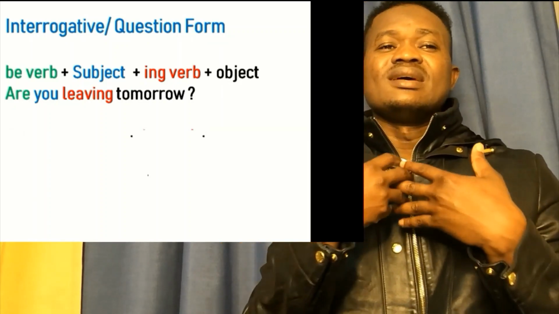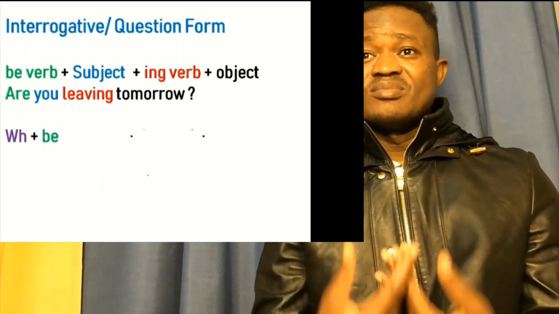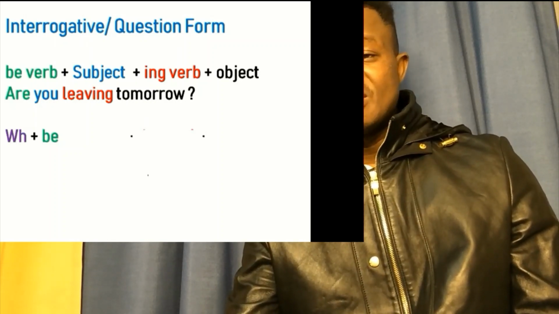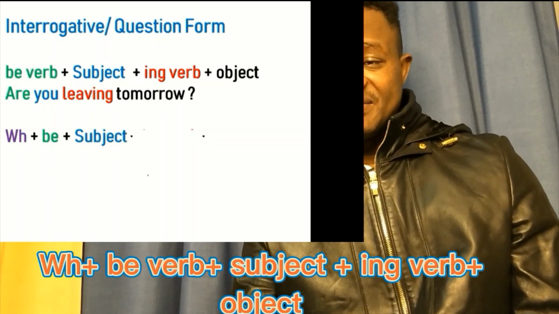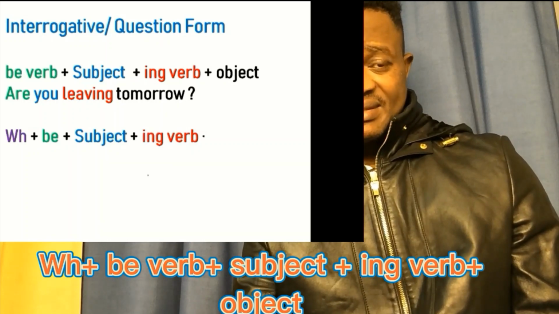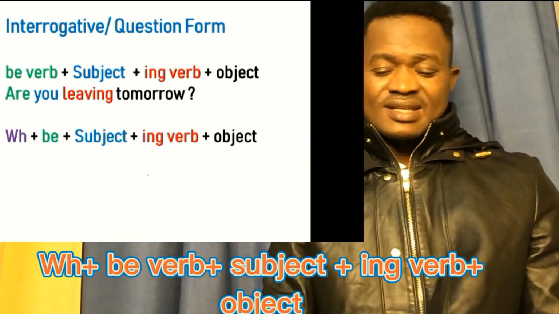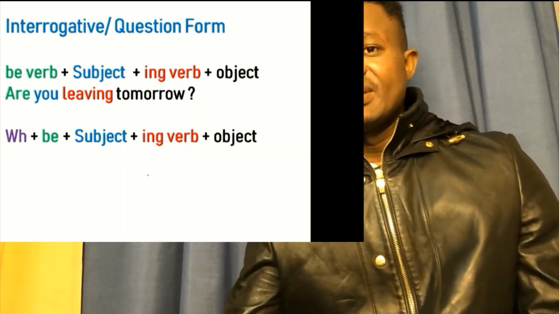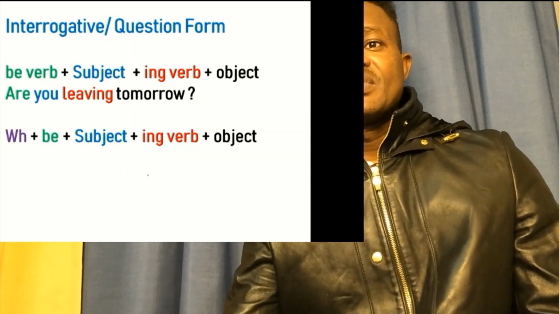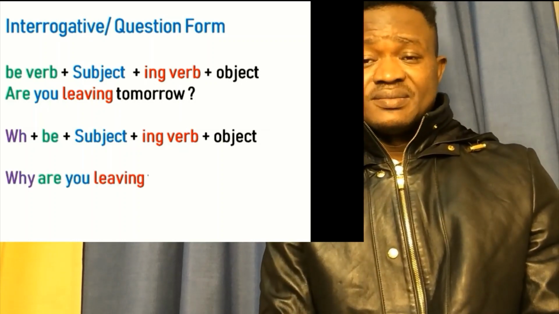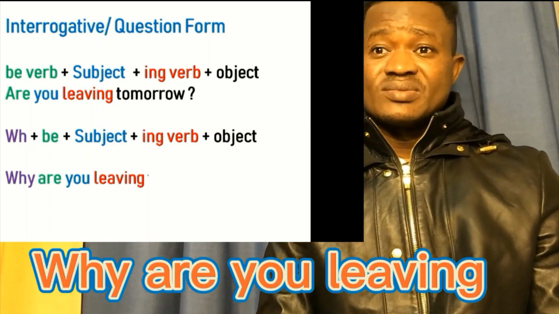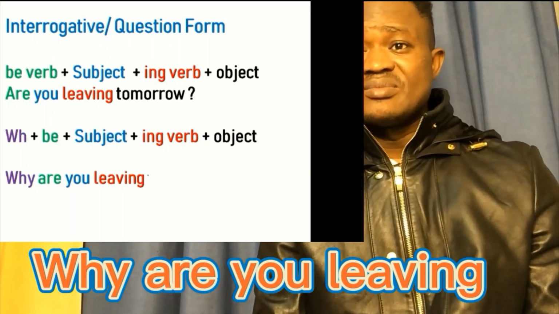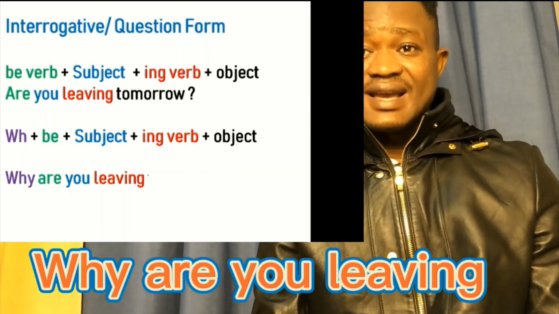Talk about the WH question. So the WH formula, WH plus be plus subject plus ing verb plus object. Okay, so this is the formula for WH questions. Okay, all right, let's see. Why are you leaving? So why is the WH question word, are is a be verb, you is a subject, leaving is the ing verb.